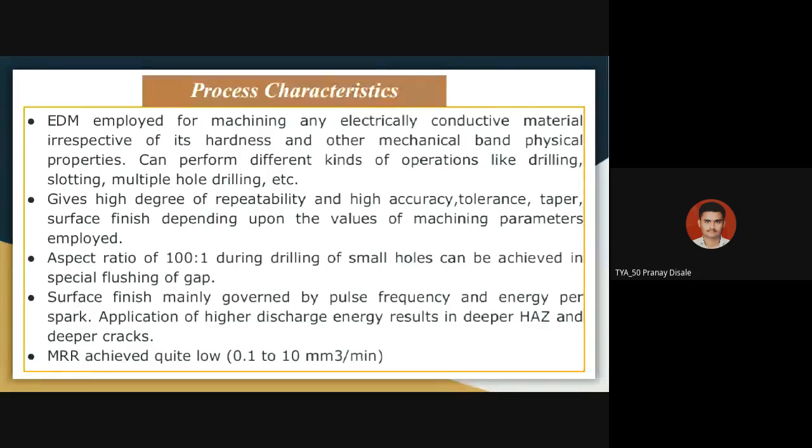If you use the VKGN book also, in that book he has given some graphs regarding the effect of pulse time or pulse duration on the material removal rate, surface finish, then relative electrode wear rate. But what pattern has he given in that book? That is not an ideal graph.